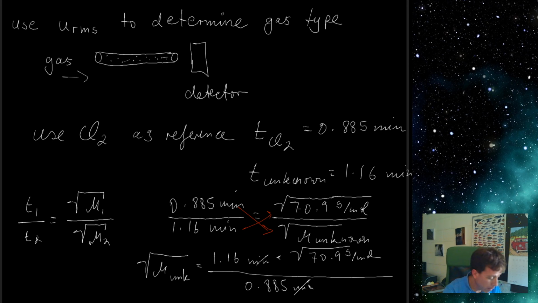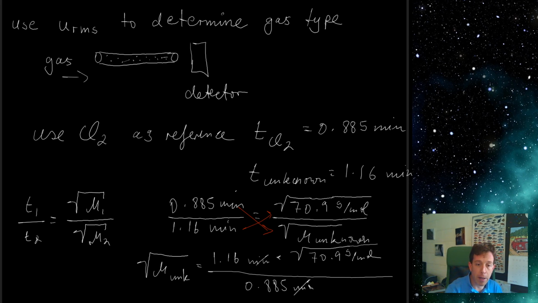Now we can solve this by taking 1.16 multiplied by the square root of 70.9 divided by 0.885. Bear with me for a moment: we will take the square root of these units, but then we will need to square this number to find the molar mass of the unknown.